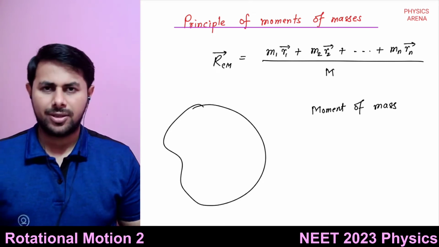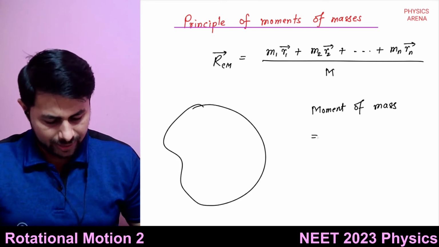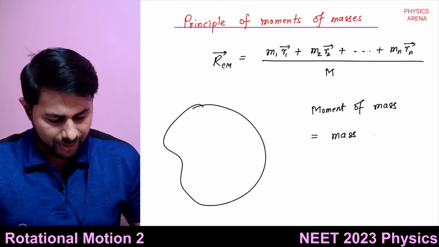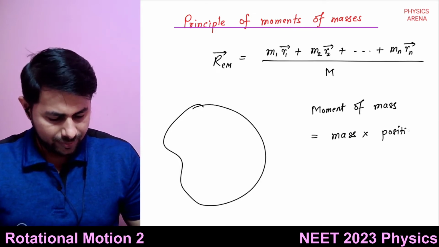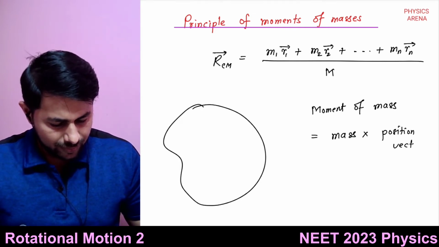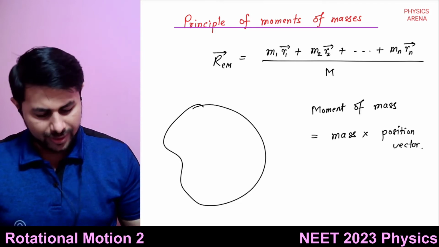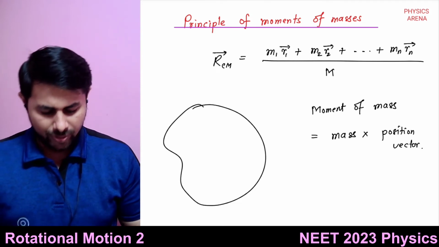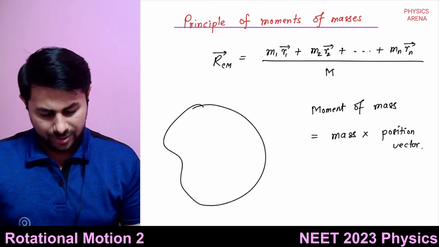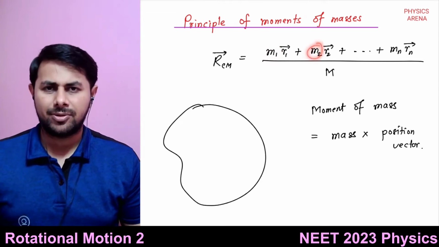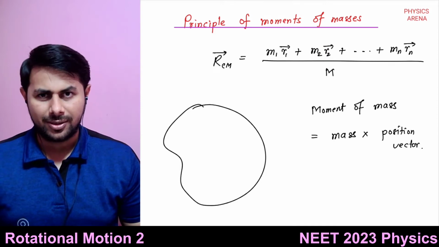What does it mean by moment of mass? It is a mass multiplied by its position vector, right? So what is the moment of this mass m1? It's m1 r1 bar. The moment of mass m2 is m2 r2 bar.